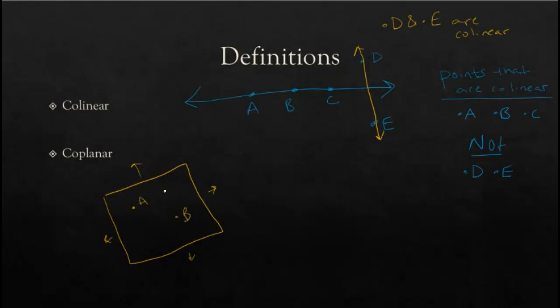These are both coplanar. If they're collinear, they will always be coplanar because that line could be on the same plane. It's hard to draw 3D, but if I come off of this flat paper and up here in the air, and I have point C up here, then that point C is not coplanar with A and B.